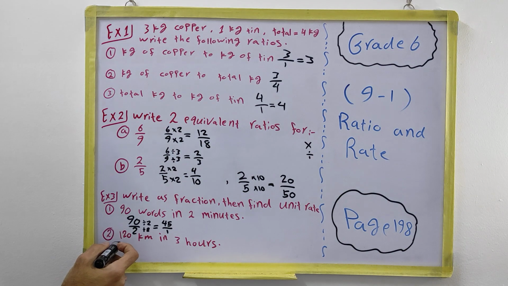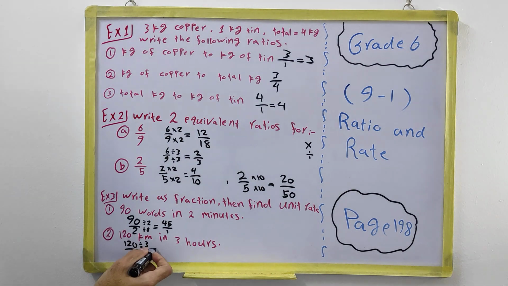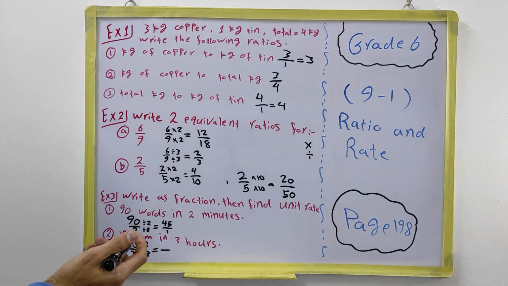The other one is 120 kilometers in 3 hours. To simplify this one, divide by 3 because the denominator is 3. 120 divided by 3: you can do it by long division or however you like.